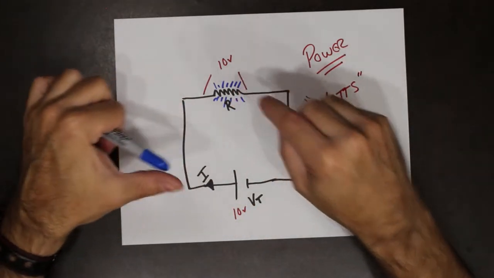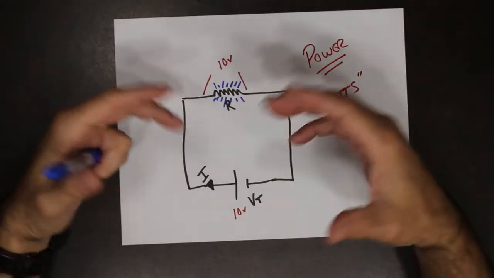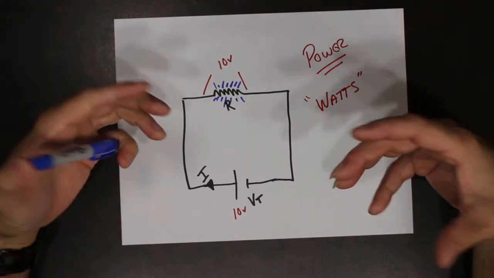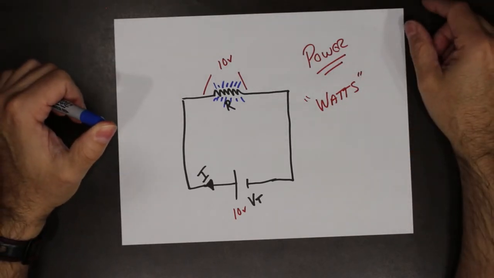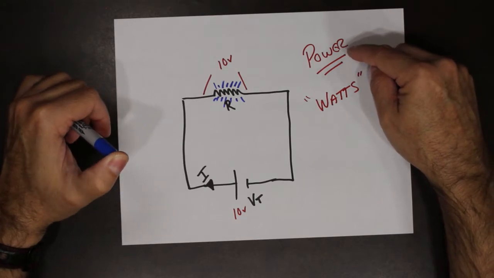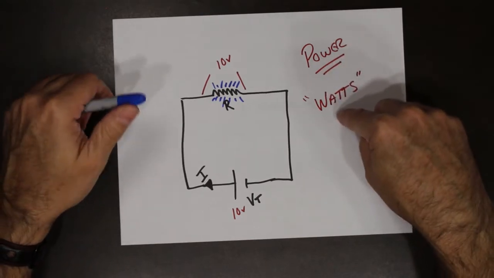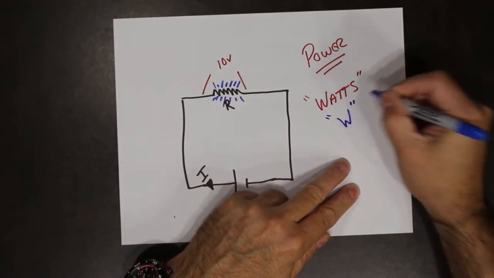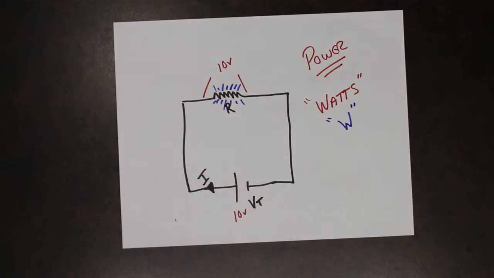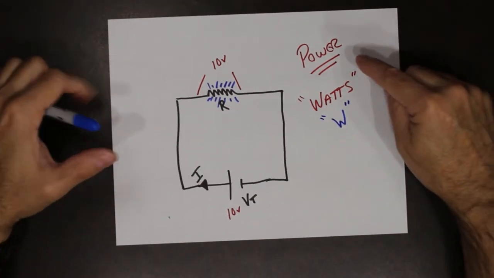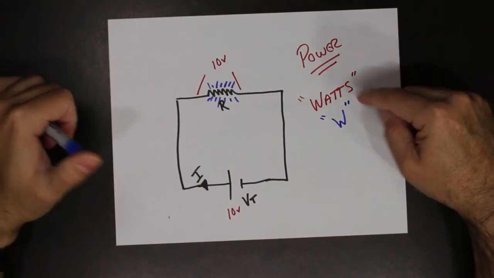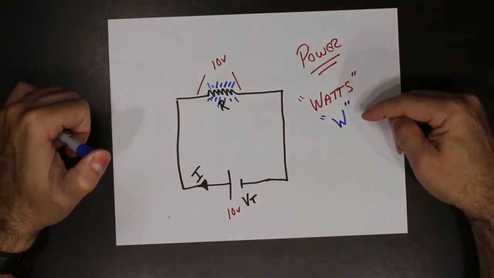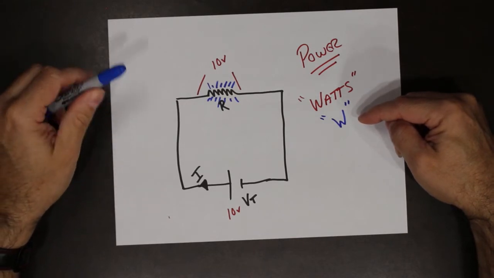So this resistor will give off so many watts of heat energy, or power. So power, unit is the watt, short form, just the W. Capital W. So power in resistors is dissipated as heat. Measured or calculated unit is the watt.